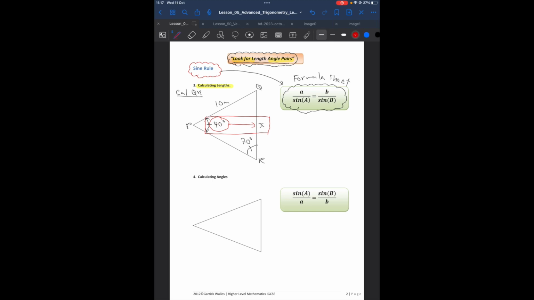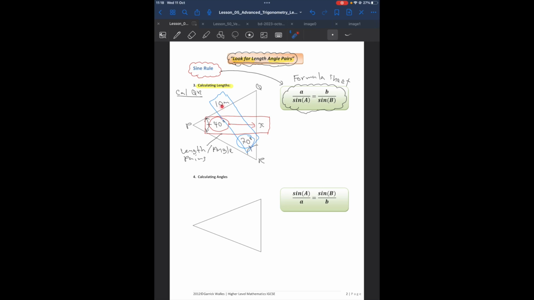Now we also have another length angle pair in this diagram because we can see that the 70 degrees is directly opposite the 10 meters. So the length angle pairs in this diagram are the 40 degrees and the x, and then the 70-degree angle and the 10 meters, which is directly opposite it.